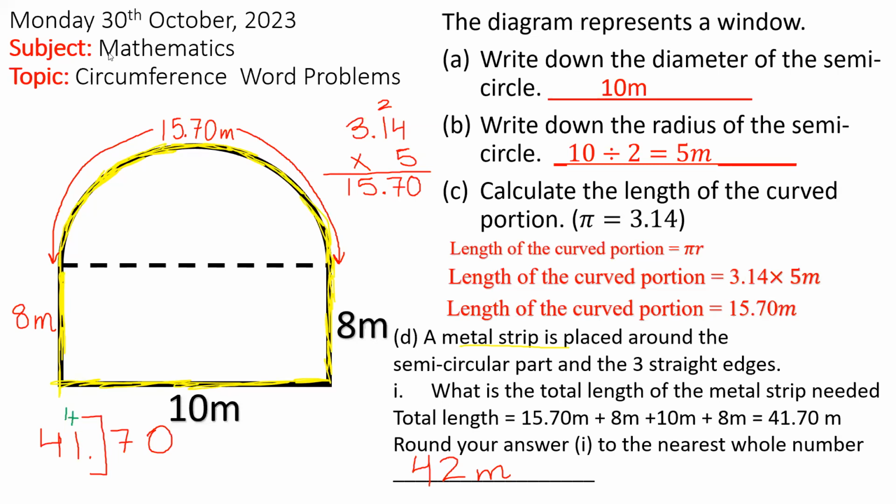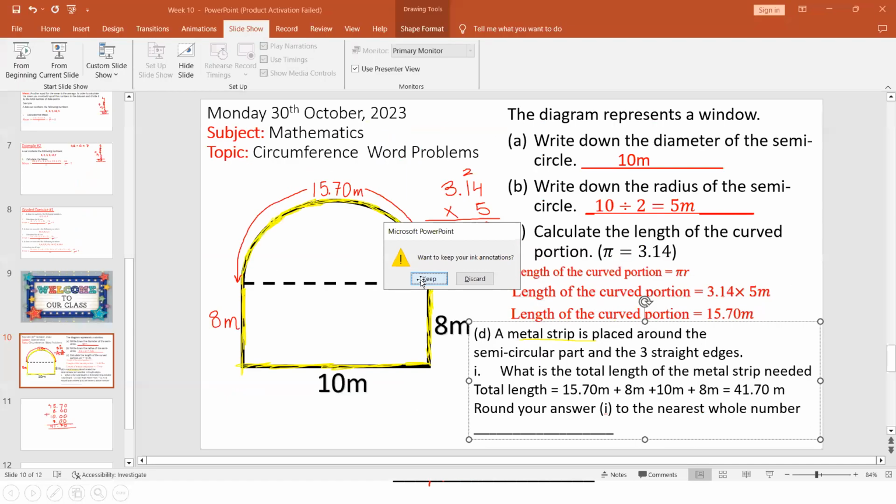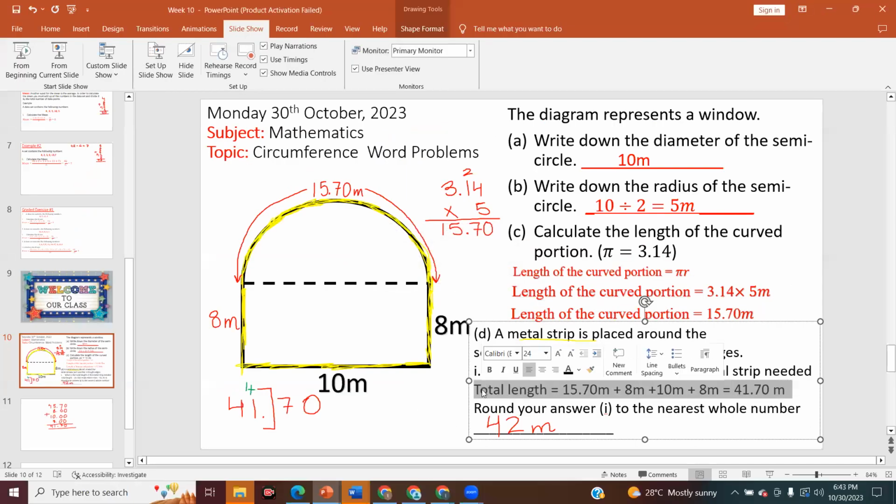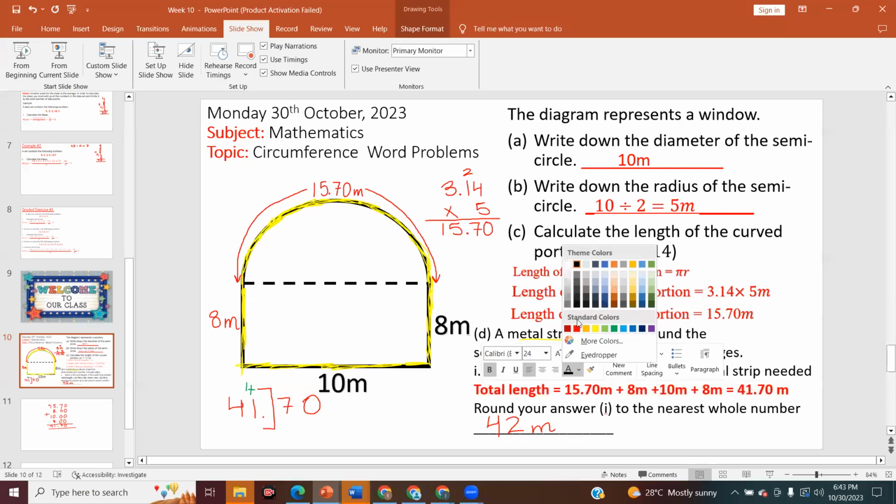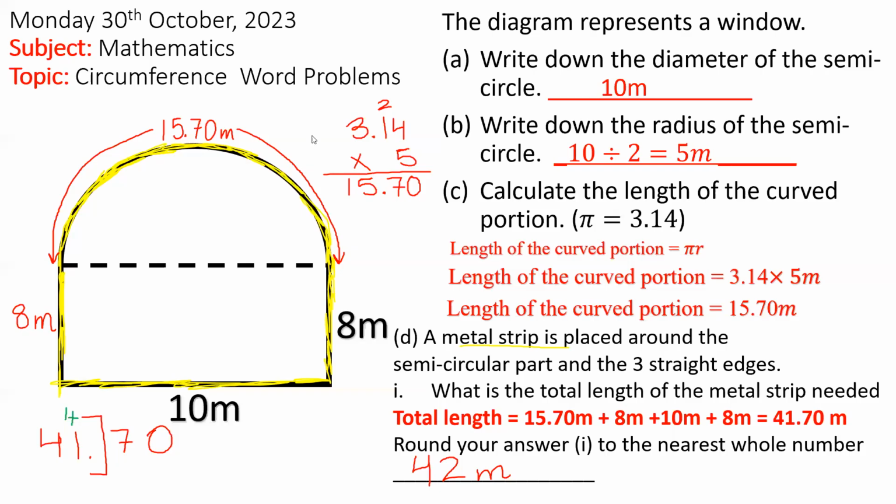Chardonnay, can you explain how we got 41.70? Can you explain how we got the total length?